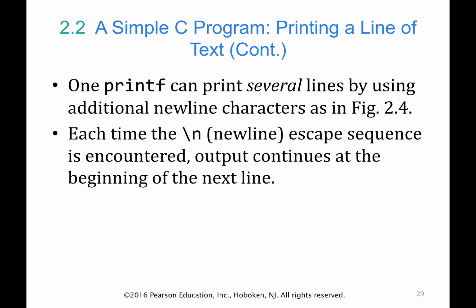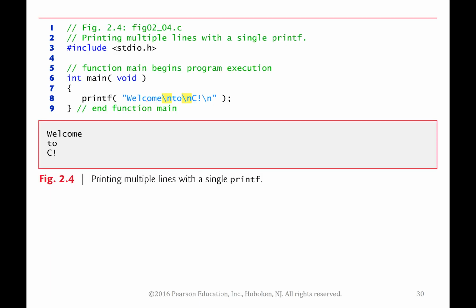So one printf can print several lines. What we're saying here is that we've stuck in here 1, 2, 3 escape codes. So this is going to print welcome, new line, 2, new line, C:, and then new line.